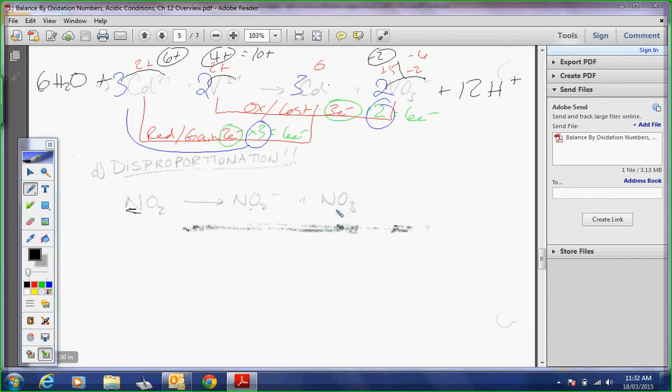Okay, so let's just do the oxidation numbers so that becomes a bit more obvious. -2, -4, +4. -2, -4, +3. -2, -6, +6. So at first, this nitrogen is going from 4 to 3, therefore it's reduced by gaining 1 electron.